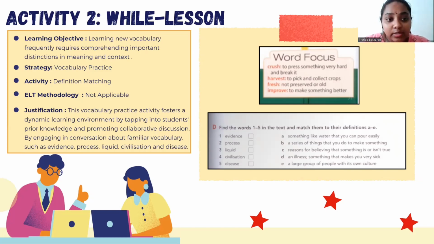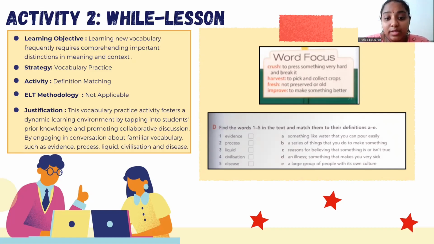The justification is that this vocabulary practice activity fosters a dynamic learning environment by tapping into students' prior knowledge and promoting collaborative discussion, by engaging in conversation about key vocabulary, such as evidence, process, liquid, civilization, and disease. So the procedure for this activity is, first, we will introduce them to the focus words, and then as a teacher, we will ask them to drill the words again and again.